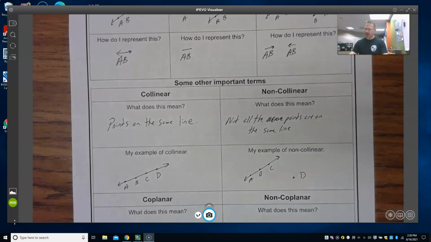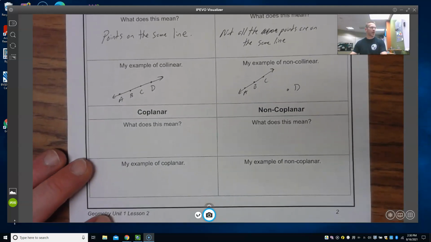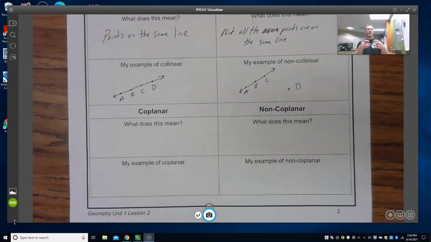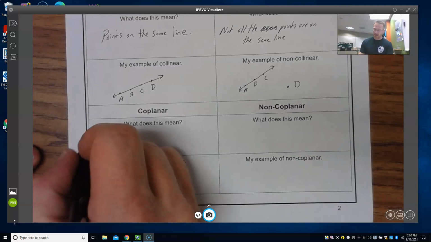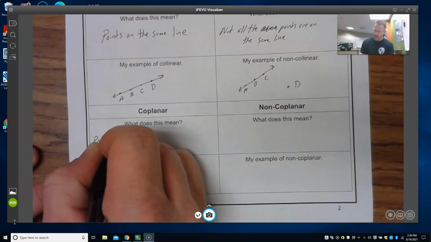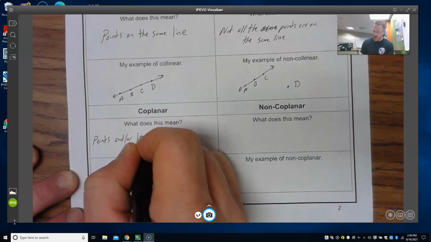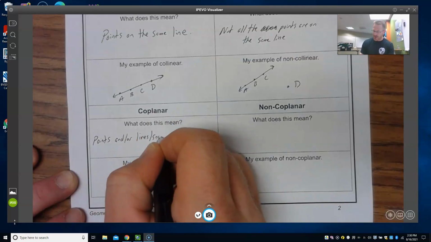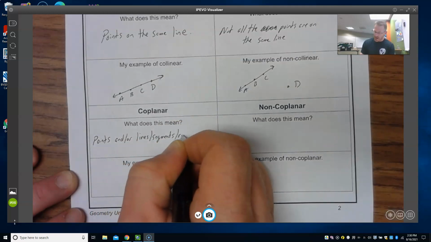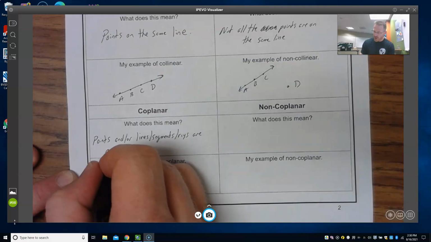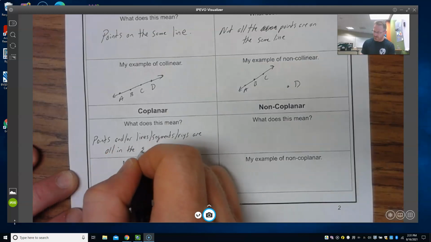All right, so now the last two terms. Coplanar. Once again, co means to share something, like if we're co-chairs or co-captains. So we're sharing. So coplanar means that they're all in the same plane. So points, lines, segments, and rays are all in the same plane.